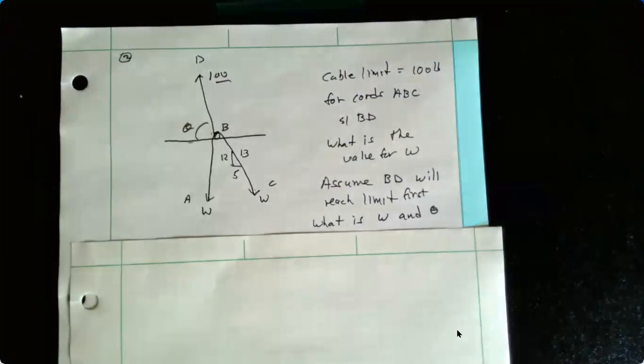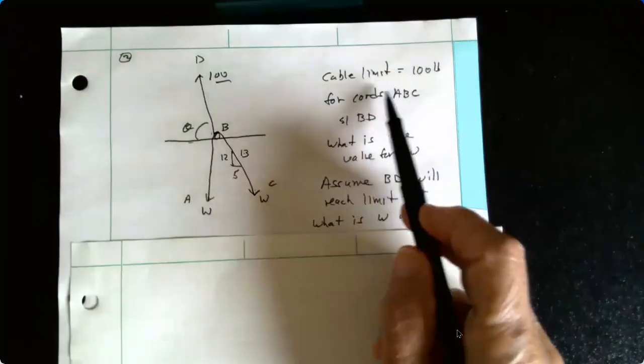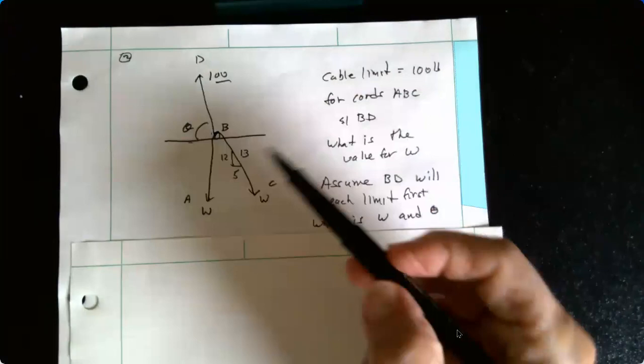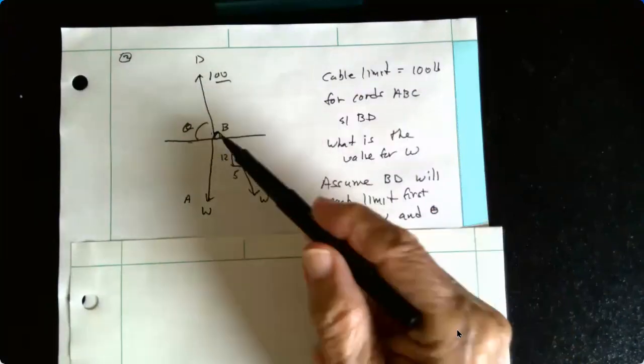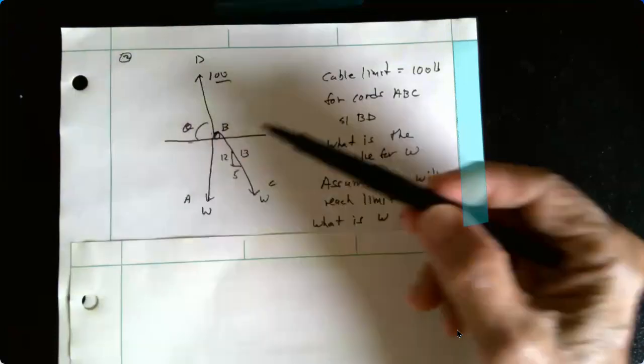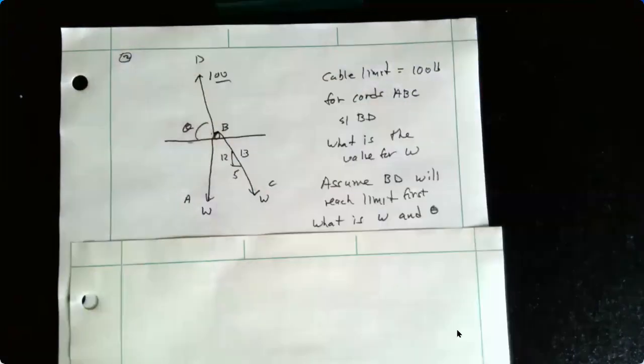There is a cable limit, a cord limit of 100 pounds. So there's 100 pounds max in this system here around the pulley system, and there's 100-pound max in this single cable up here, DB.